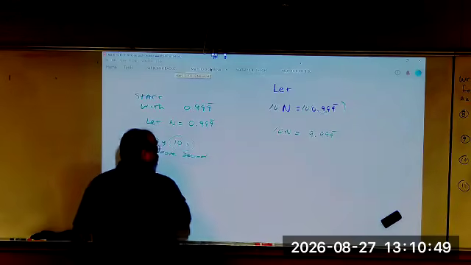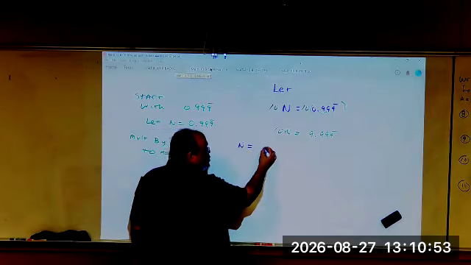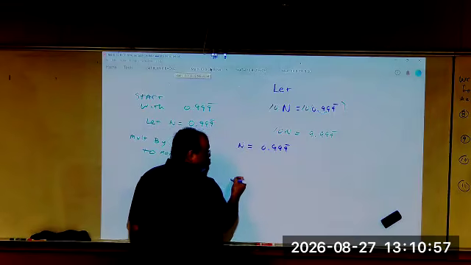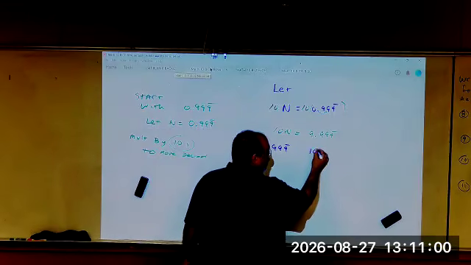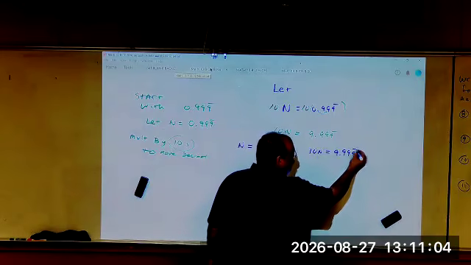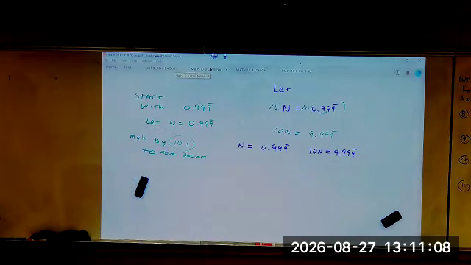So let me show you what I've got. I have n to start with. N is 0.999 repeating. And I have 10 times n equal to 9.999 repeating. That's what I created.